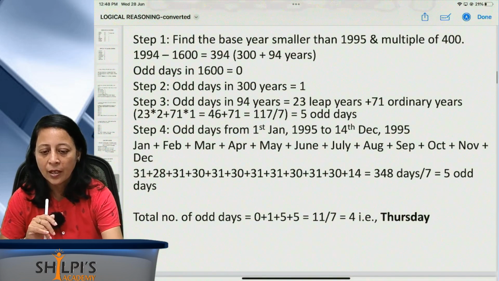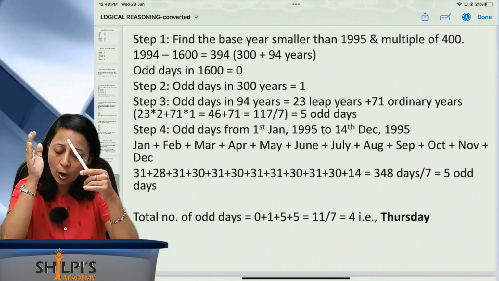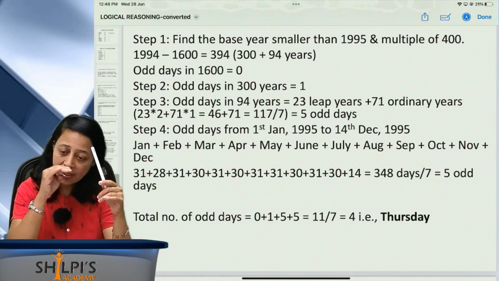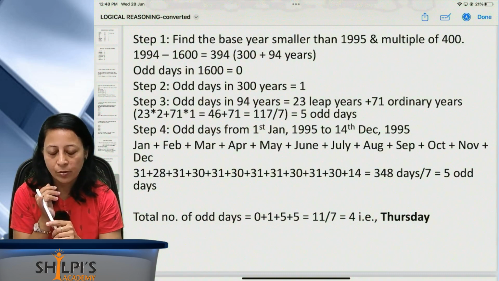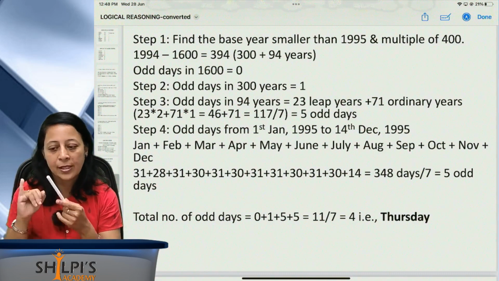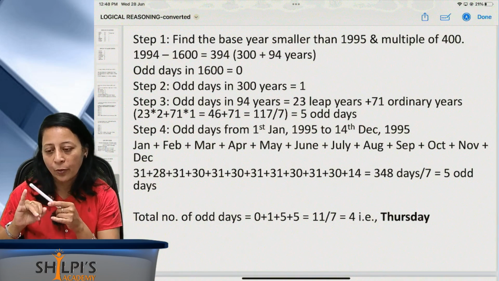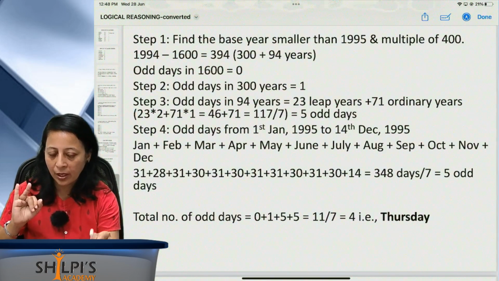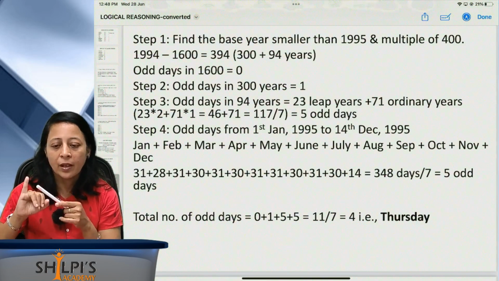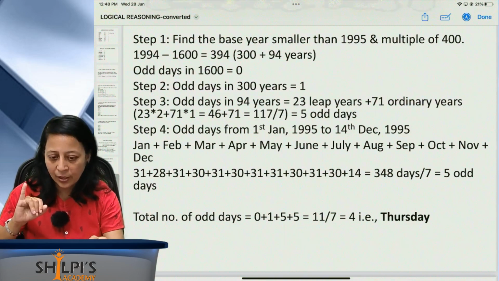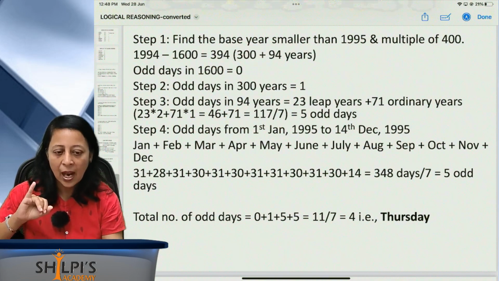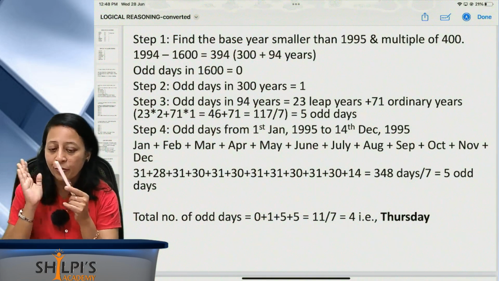Now total up all the odd days. For the 400 century, it was 0. Then out of 100, 200, 300 years, for 300 years it is 1. Then out of your 94 years, you had 5 odd days, and out of the months, you had 5.